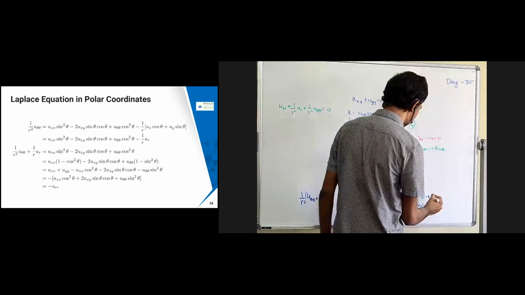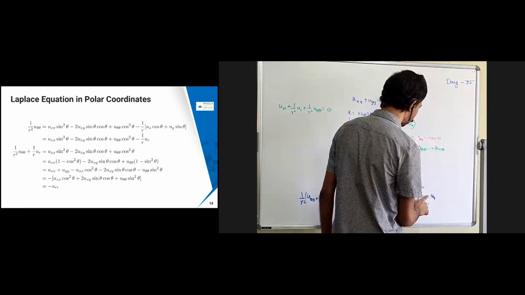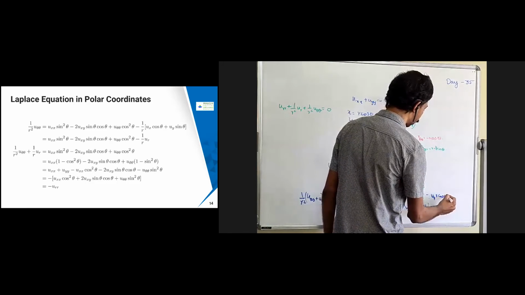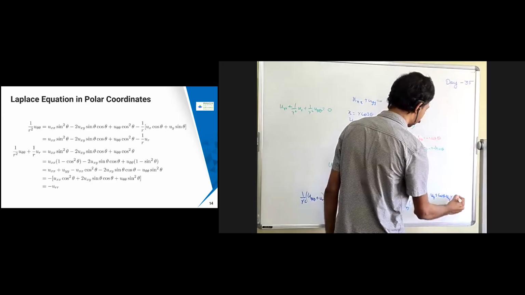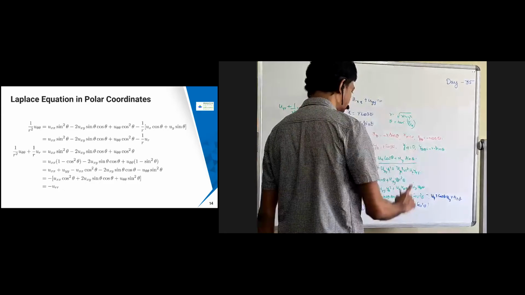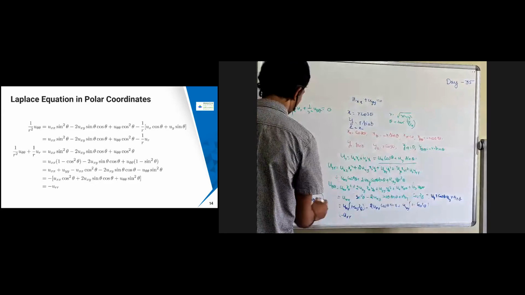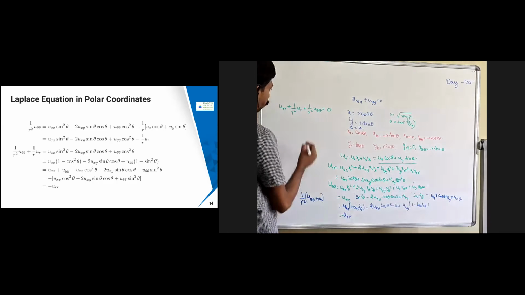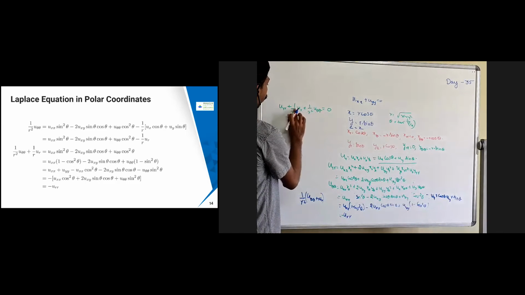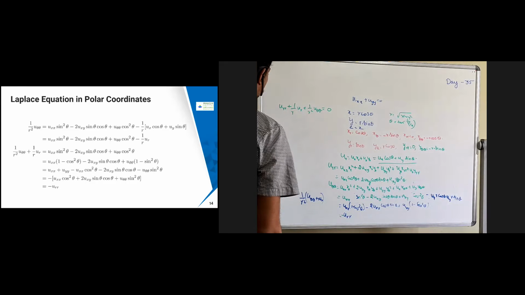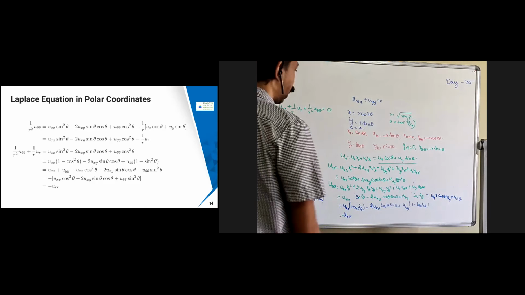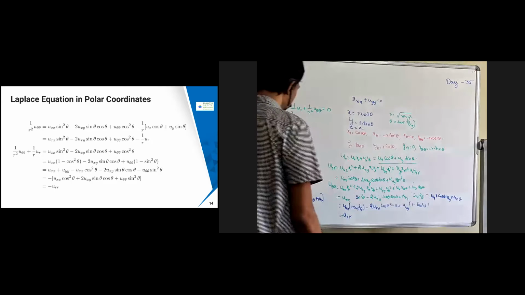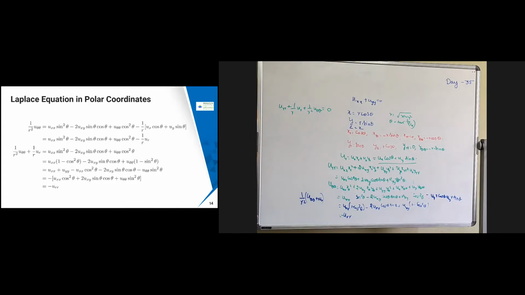See, here it was ux into r cos theta, minus uy into r sin theta was there. So therefore there is a mistake here. It should not be ur, it should be 1 by r into ur. So you are going to get 1 by r into ur. It's not 1 by r square. Remember that we made a mistake. Here there is r cos theta, r sin theta. So it should be 1 by r into ur.